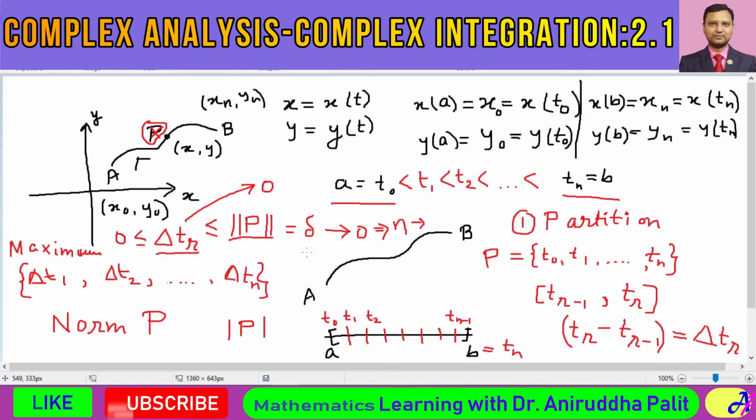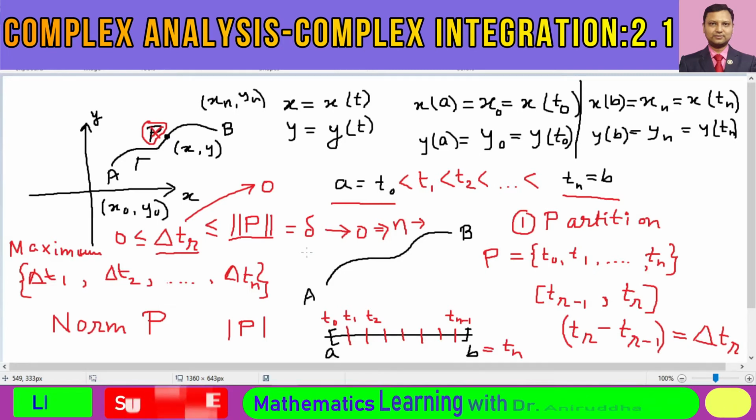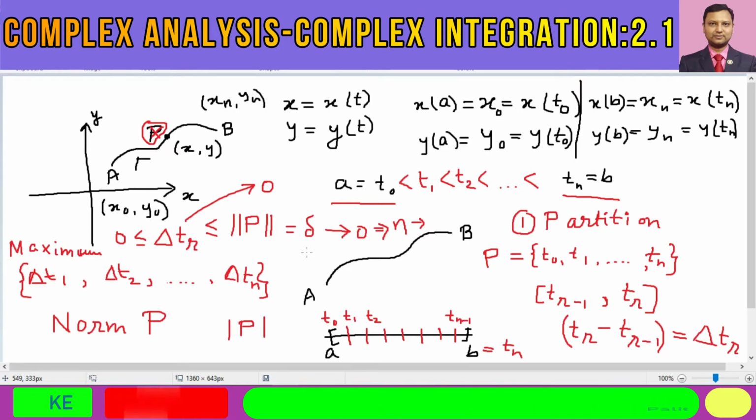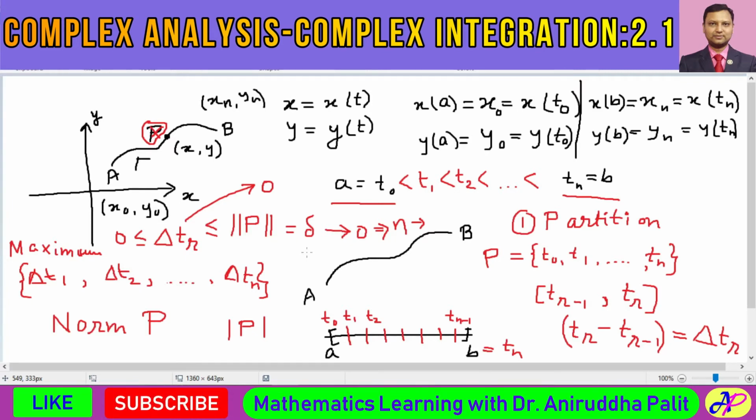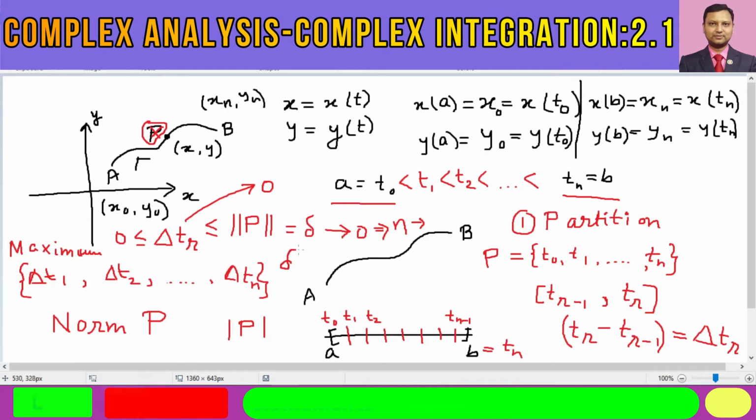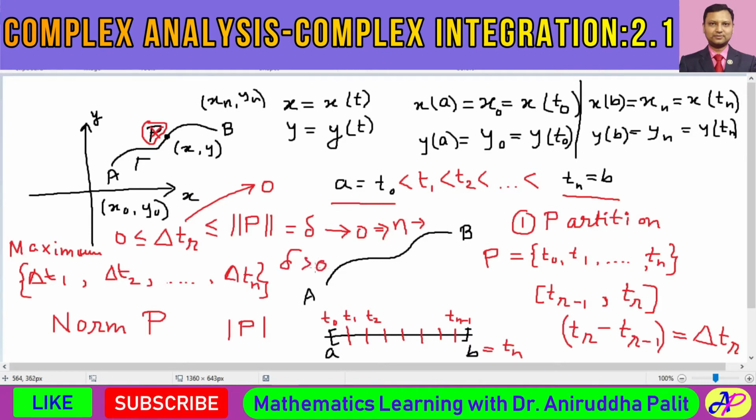So norm is itself a kind of length, the maximum of all these lengths. Length can never be negative. Length is always positive. Yes, sir, we should keep in mind that this delta would always be greater than 0. So we should write delta tending to 0 from the right side.